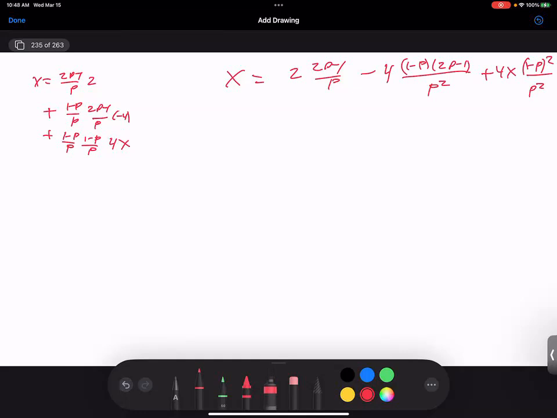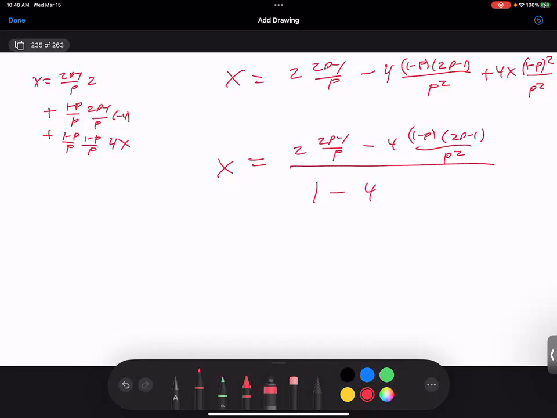So if I do the algebra properly, I end up getting x equals 2 times (2p minus 1) over p minus 4 times (1 minus p)(2p minus 1) over p squared. Bring the 4x, all that over to the other side, and then I'll have x minus that. So then bring that back, and it would become 1 minus 4 times (1 minus p) squared over p squared.